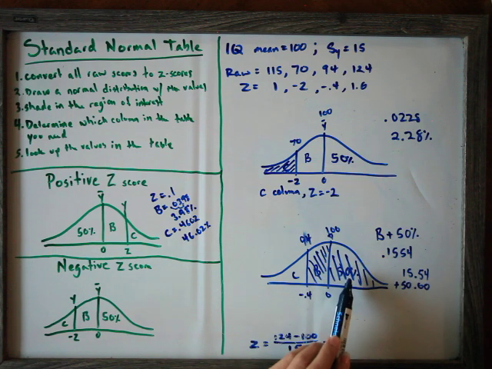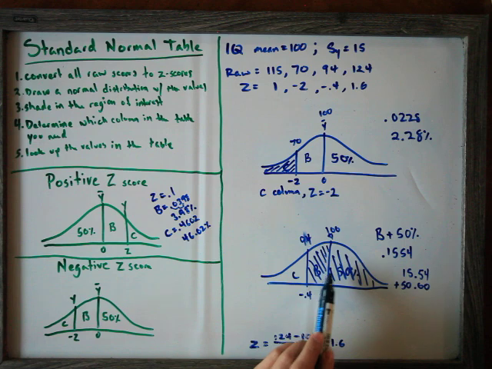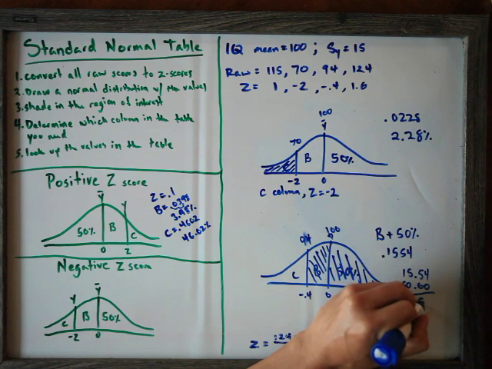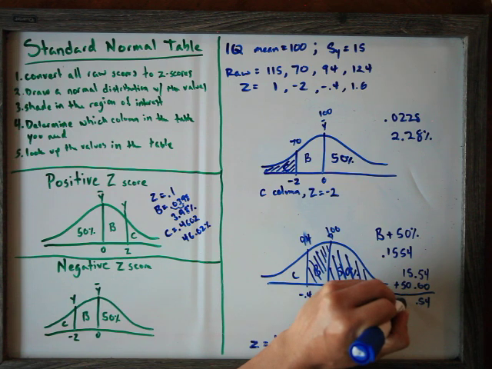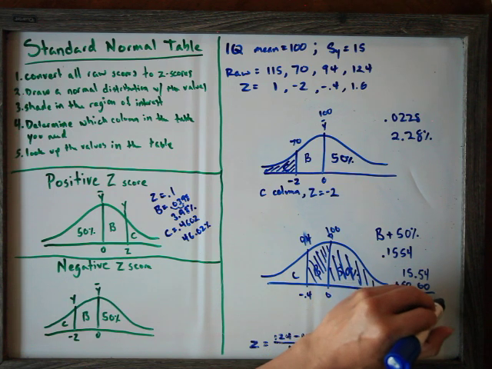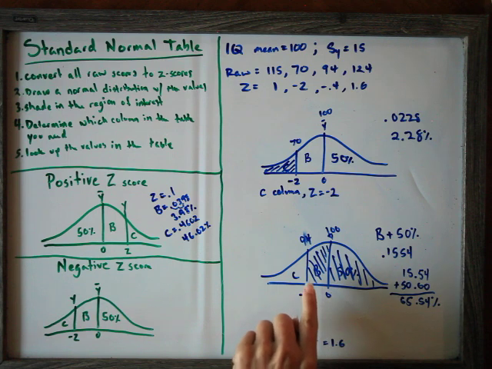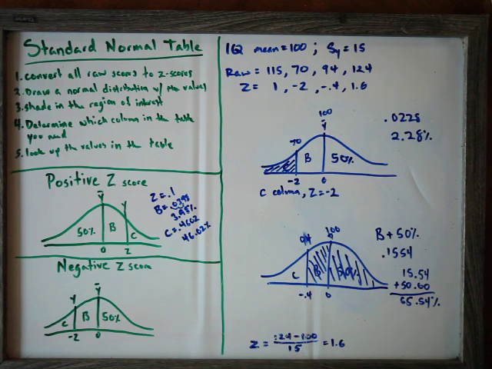Okay, because we need to add the B to 50 to get this whole region. And that's going to give us 65.54%. So 65.54% of all the people in this data set are going to be above a score of 94.